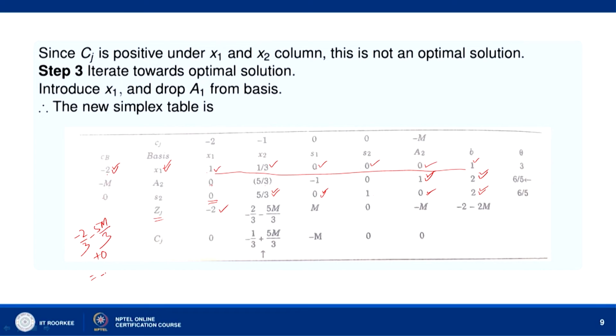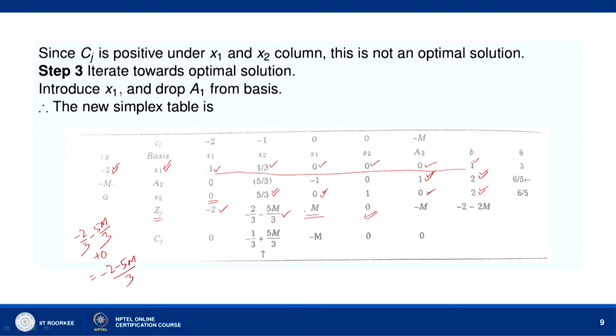So, total is minus 2 by 3 minus 5M by 3. Then similarly minus 2 into 0 is 0, minus M into minus 1 is plus M, 0 into 0 is 0. So, we get M here.